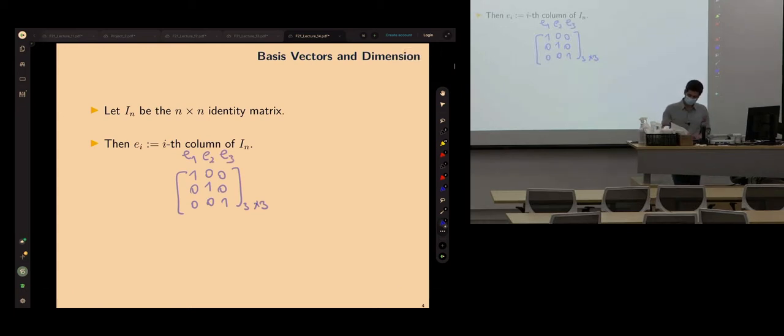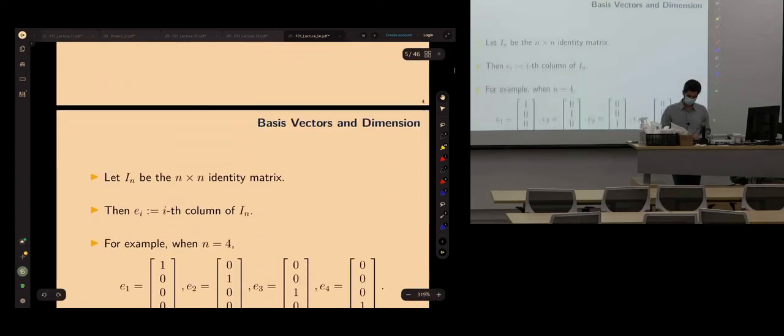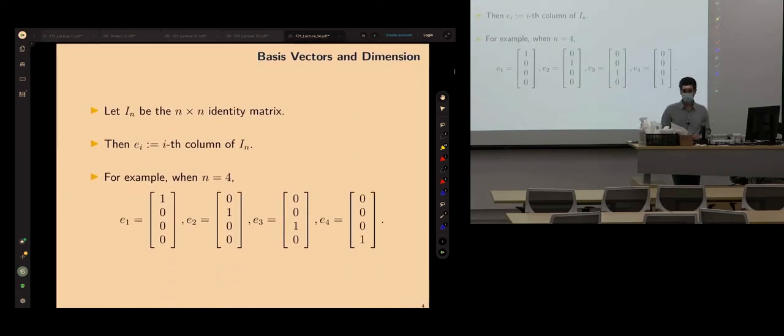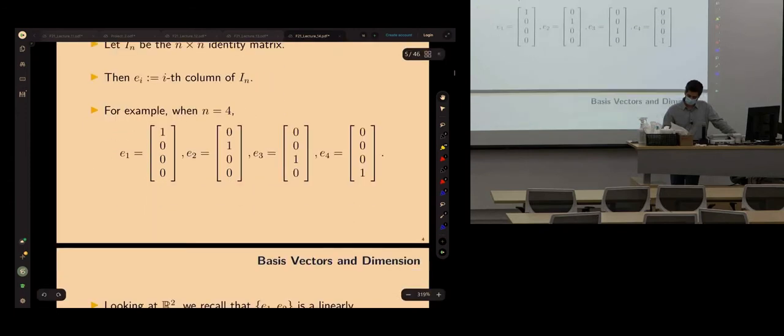You've seen this before, and we used it on several occasions. Another example, if n is 4, you get 4 column vectors, E1, E2, E3, and E4. Okay?